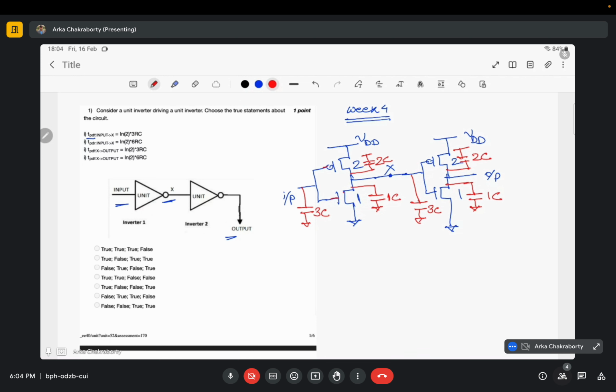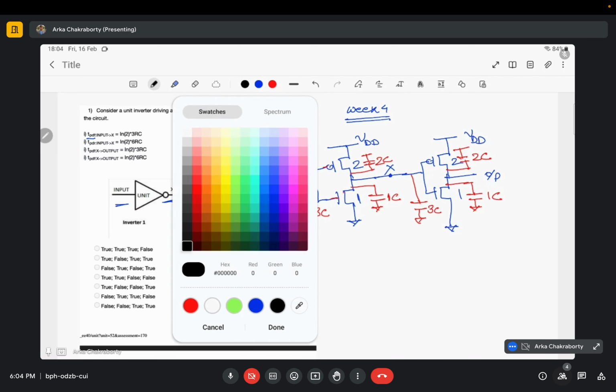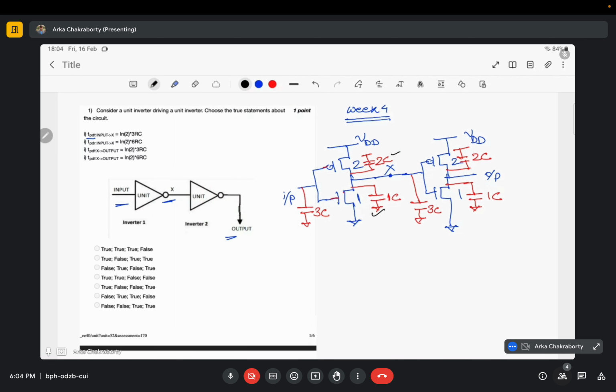So there are a total of 4 components of capacitance present here. So the net capacitance in node x, C of node x, would be 2C plus 1C plus 2C plus 1C, which is equal to 6C, right?